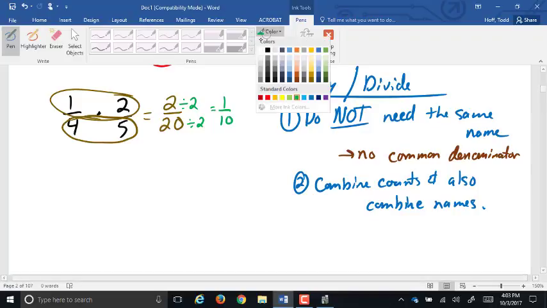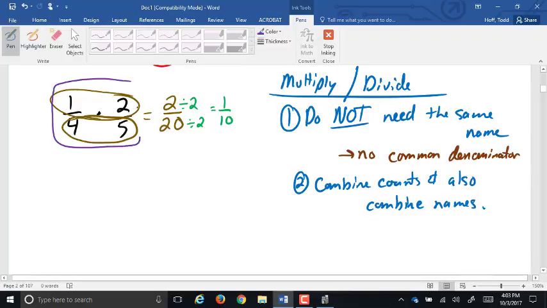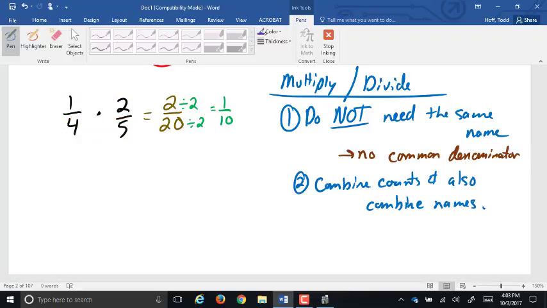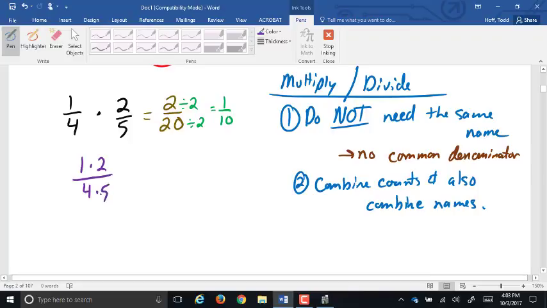Now some of you might have been looking at this original problem wondering, why didn't he cross cancel? Others right about now might be wondering, what's cross cancel? Well, the numerator of our answer is just going to become the two numerators multiplied together. The denominator is just going to become the two denominators multiplied together.